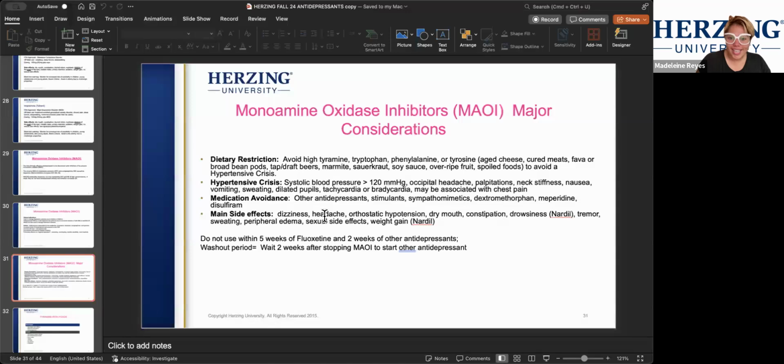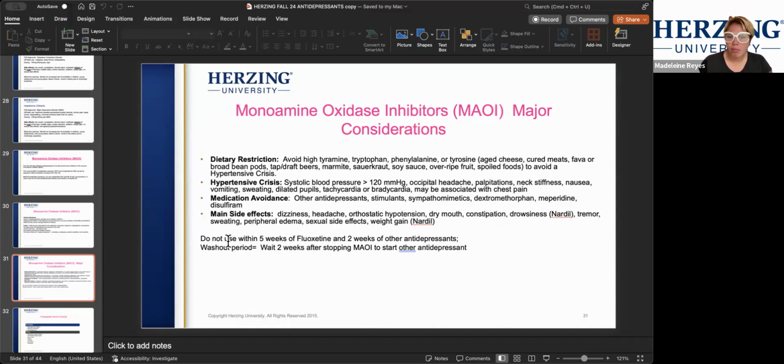Side effects: dizziness, headache, orthostatic hypotension, dry mouth, constipation, weight gain, sexual side effects. If you are going to be switching somebody from this class of medication to another, there has to be a washout period. Do not use any other medication. Like if the client is on fluoxetine, it has a long half-life.